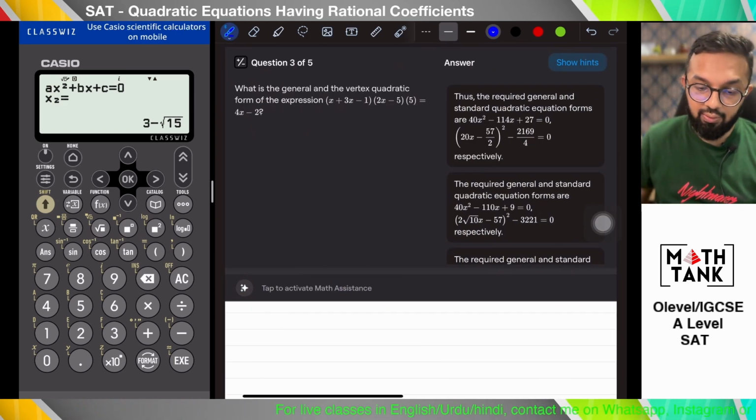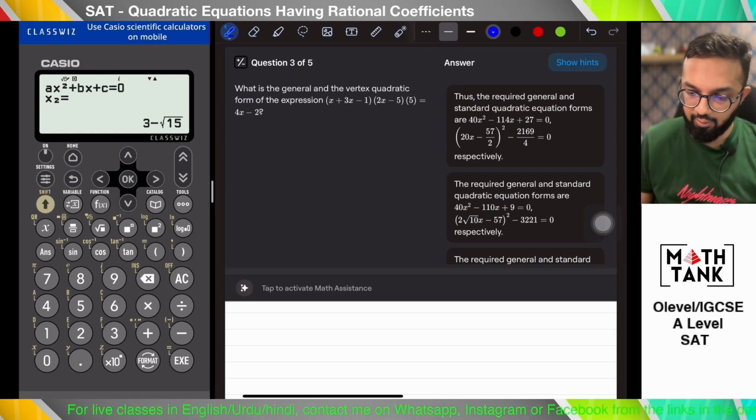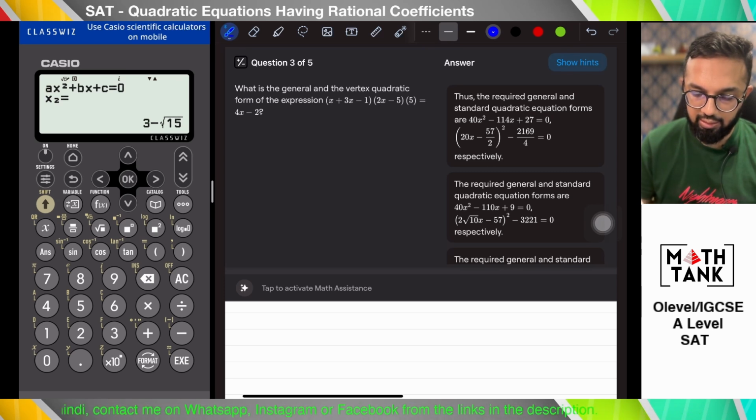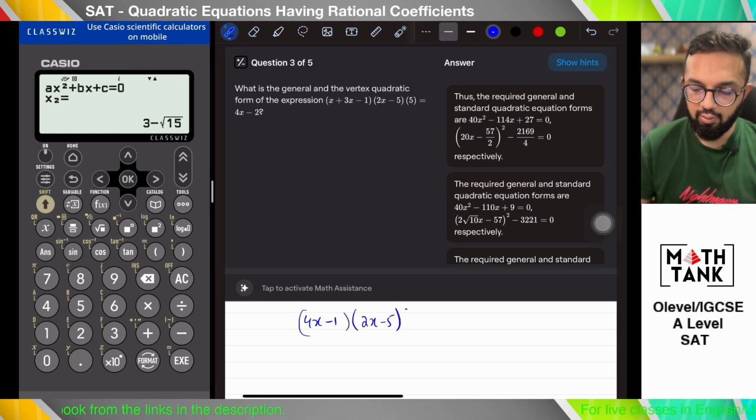Then it says, what is the general and the vertex quadratic form of this? Okay, so I have to find out both forms. Let's start multiplying. I have x plus 3x, which gives me 4x minus 1, 2x minus 5 into 5 equals to 4x minus 2. So 4x into 2x into 5 gives me 8 into 5, 40x squared.